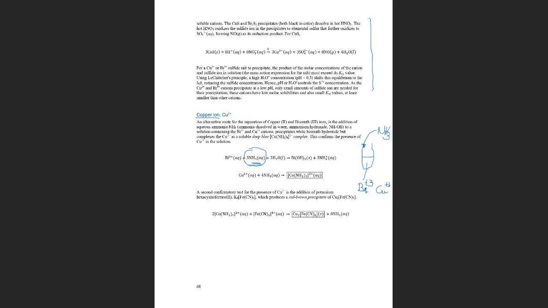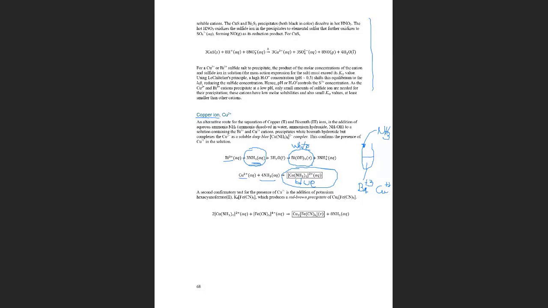What happens? If you are in the lab, the bismuth reacts with the ammonia and forms a solid, bismuth hydroxide, and this is a white solid. And the copper also reacts with ammonia to form this soluble complex ion that is blue.